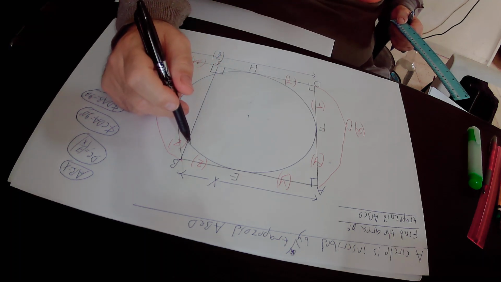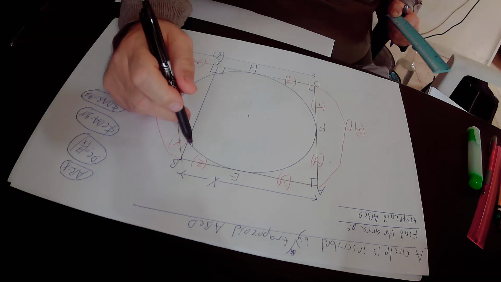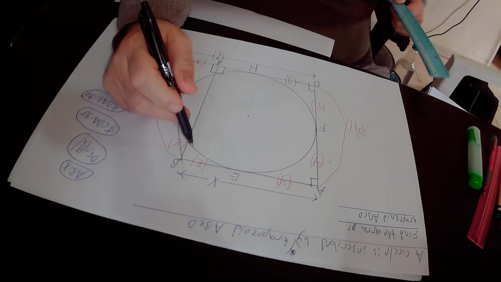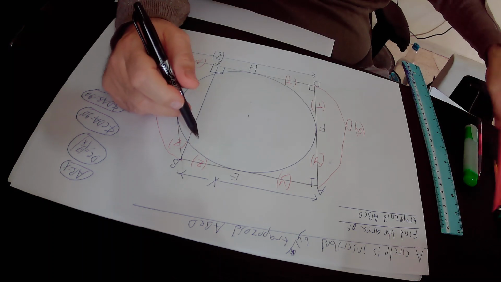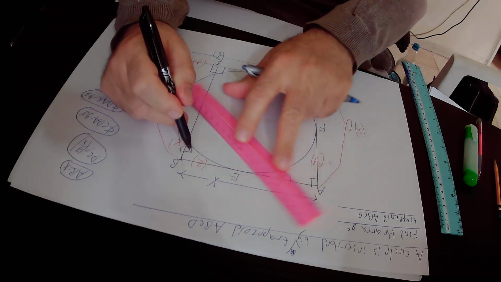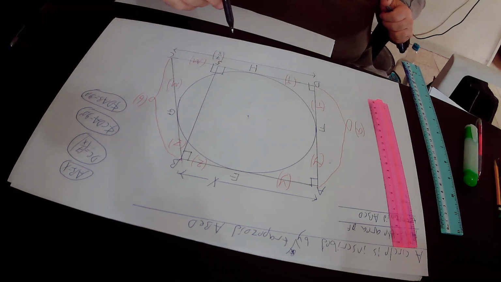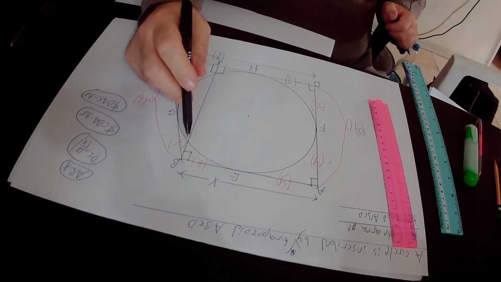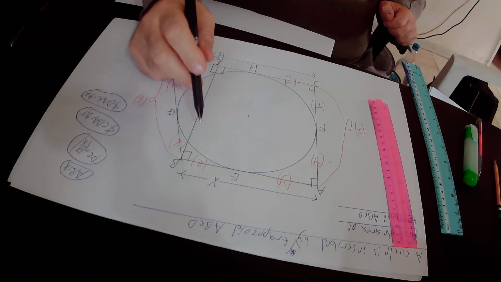In total, the sum of those four angles must equal 360 degrees, according to the rule that the sum of the angles in any quadrangle is equal to 360 degrees. Therefore, this fourth missing angle must be equal to 90 degrees. Why? Because the sum of the other three angles is 270 degrees, so 270 degrees plus 90 degrees equals 360 degrees.